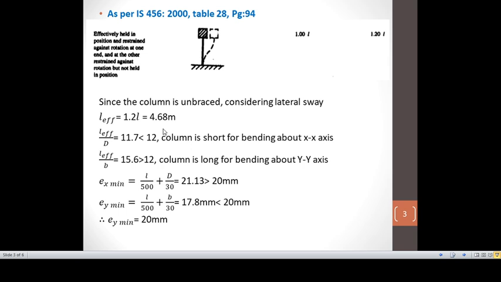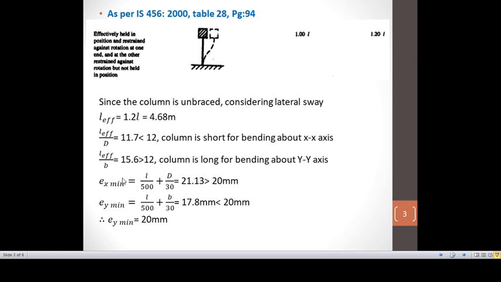Since it is a rectangular column, I need to check the slenderness both in x-axis and y-axis. In x-axis, the slenderness is given by L effective by D, where D indicates the dimension perpendicular to x-axis. L effective by D is obtained as 11.7, which is less than 12. So the column is considered short for bending about x-axis.